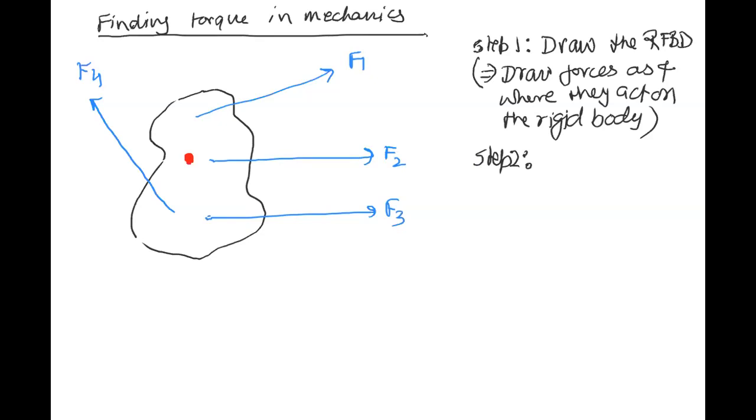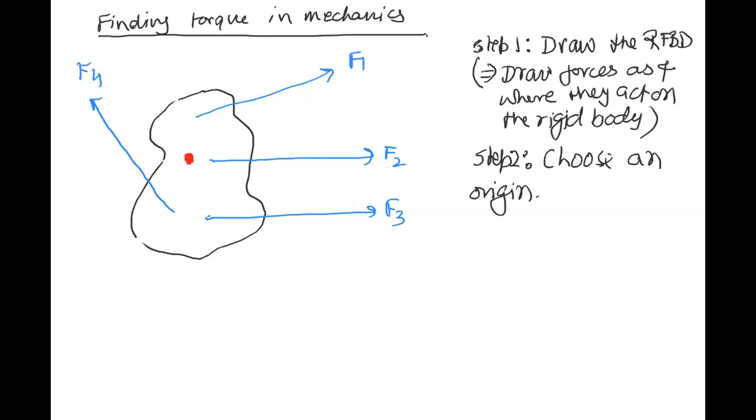So you don't have to find components, you don't have to draw any axis, but you do have to choose an origin. Now the question arises, where will you choose this origin?